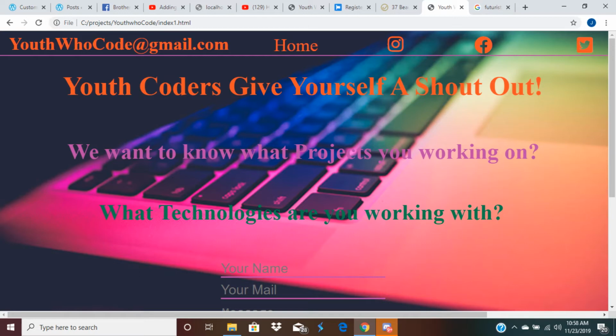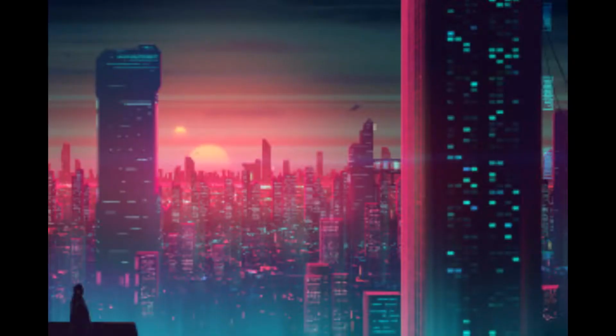using floats and display flex, which was a concept that I didn't understand because I did not have an HTML, CSS class before taking on this project on the platform where I was learning.